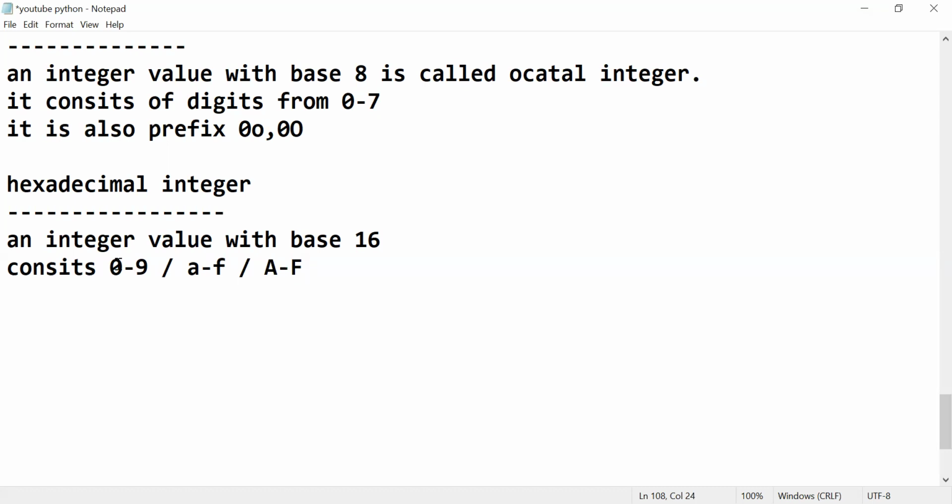We can mention this integer value from 0 to 9, small a to small f, and capital A to capital F. Up to 9 we write as usual: 0, 1, 2, 3, 4 up to 9.